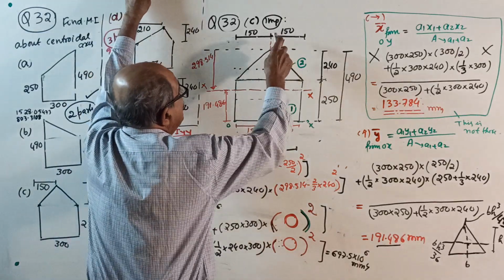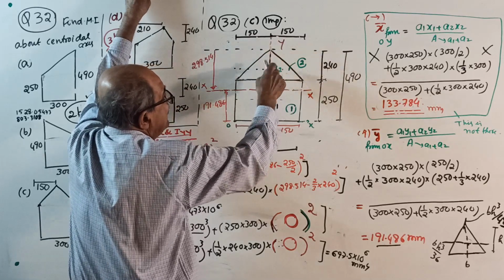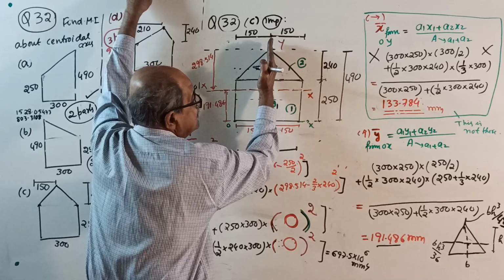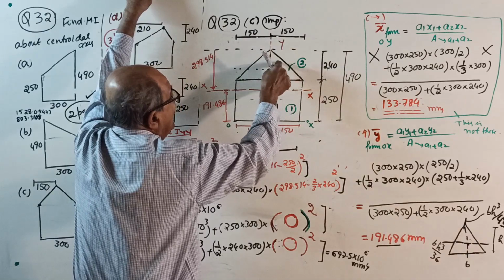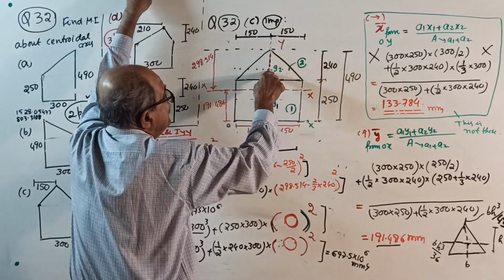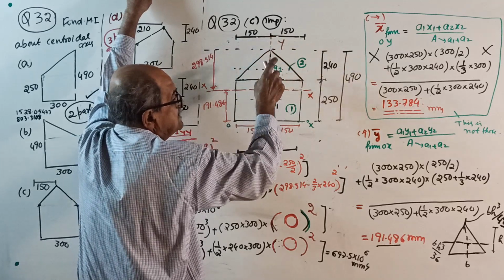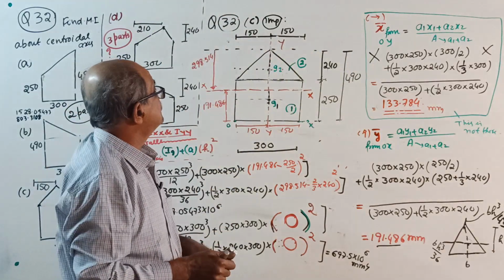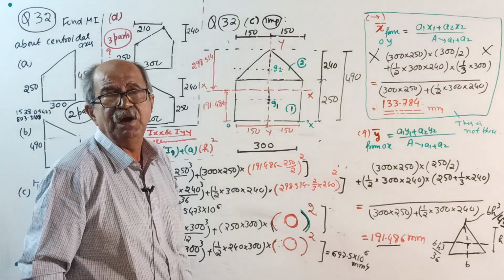Now, I about its own centroidal axis. This is not base. See, this is actually the height. Height means this is the side. This is the height. If you consider here, either side a right angle triangle will come, so this is not the base for the complete triangle. Therefore, I about YY for an isosceles triangle: when you want moment of inertia about the centroidal axis parallel to base, I told you 100 times, BH cube by 36.